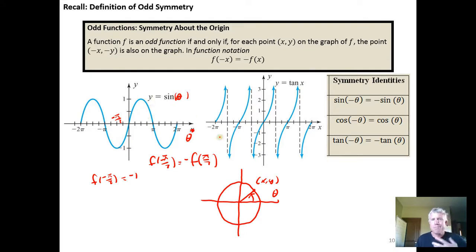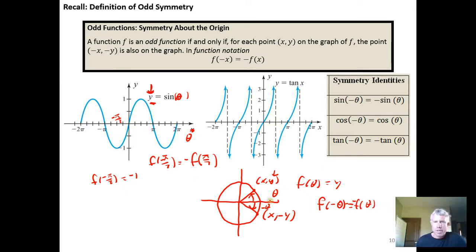The y-coordinate is the output, so when you have f of theta, you get the output y. But if we rotate the opposite direction, this point reflects down to here, and the x is positive but now the y is negative. We rotate through an angle of negative theta and we get the opposite result: f of negative theta equals the opposite of f of theta.